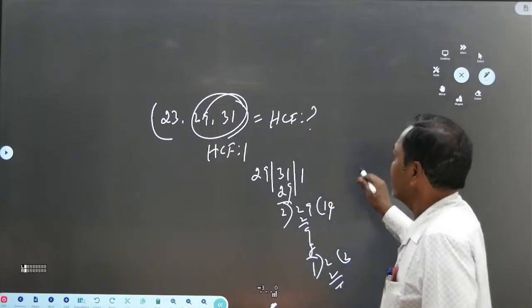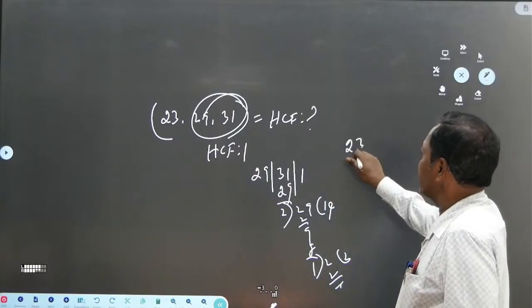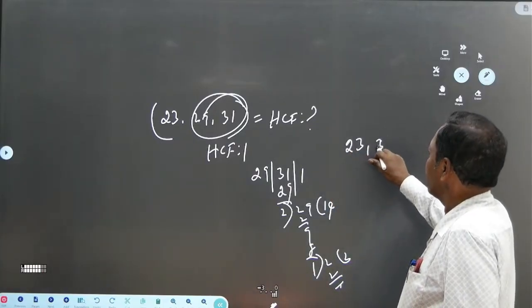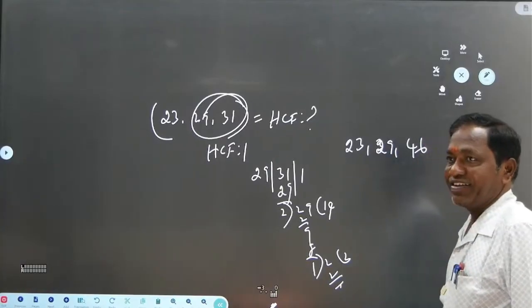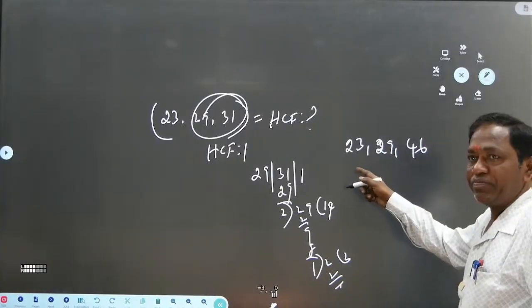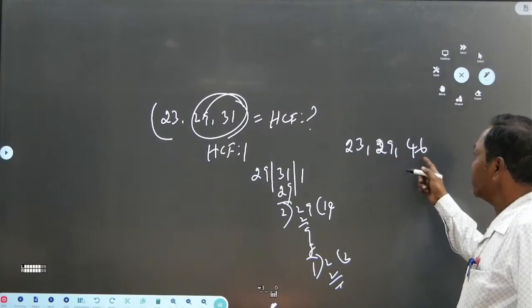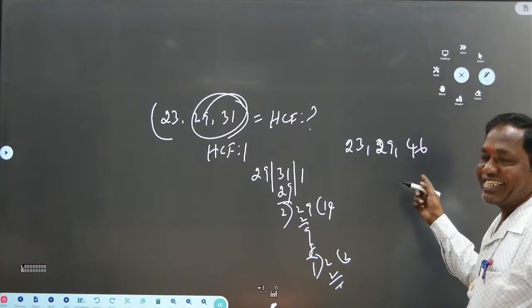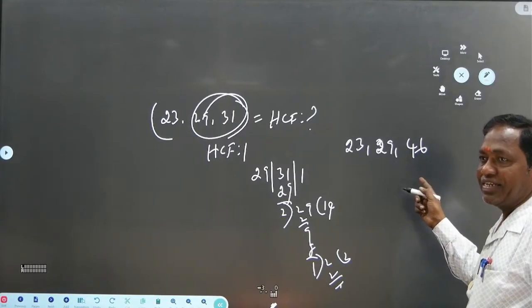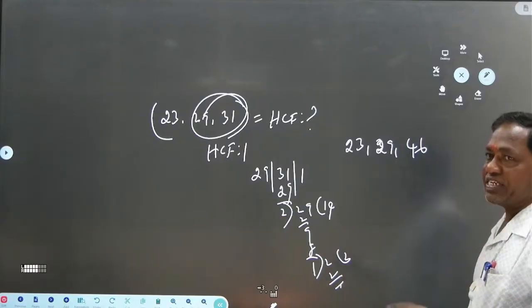For example, if you say 23, 29 and 46, you have to be very careful. 23 is a prime number, 29 is a prime number, 46 is there. 23 into 2 is 46. So there we have to check it.